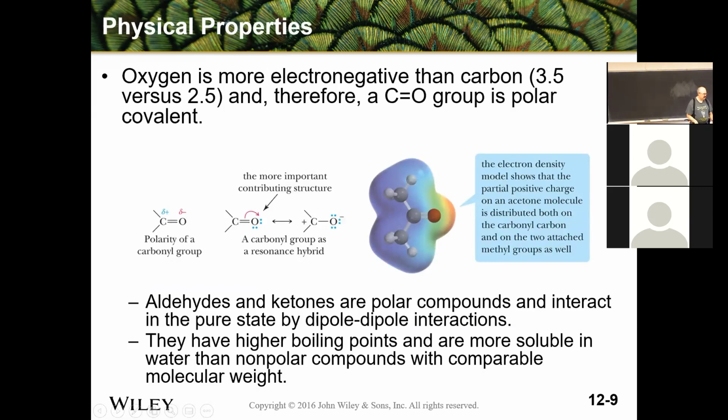Okay, in terms of physical properties, these are the result of the high polarity of the carbonyl group. Oxygen is more electronegative than carbon, okay, 3.5 versus 2.5, and therefore the carbonyl group is polar covalent.